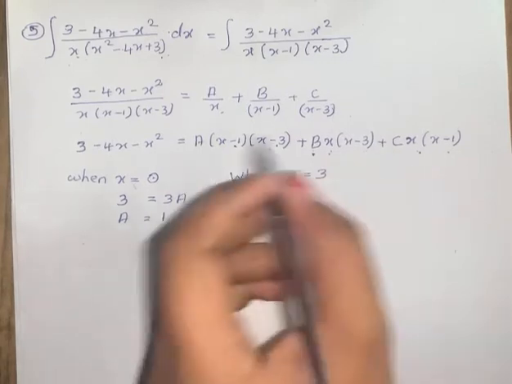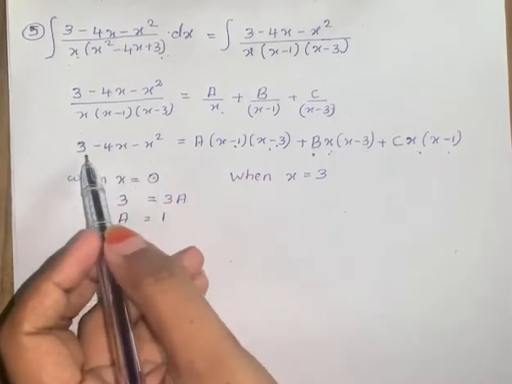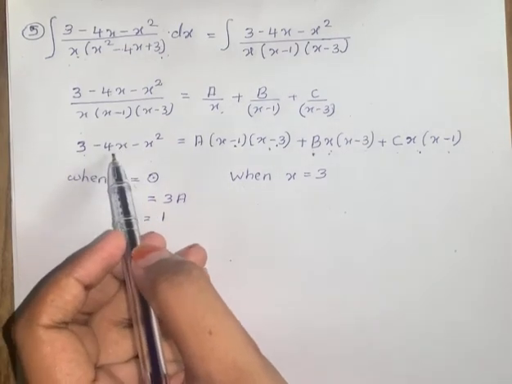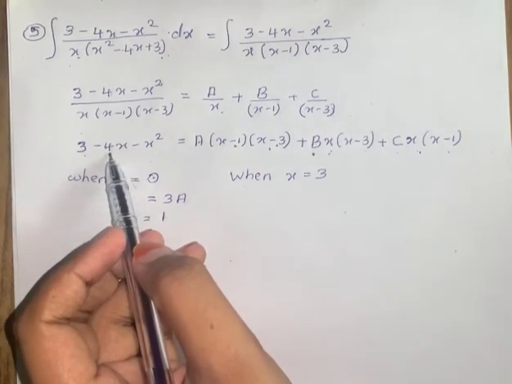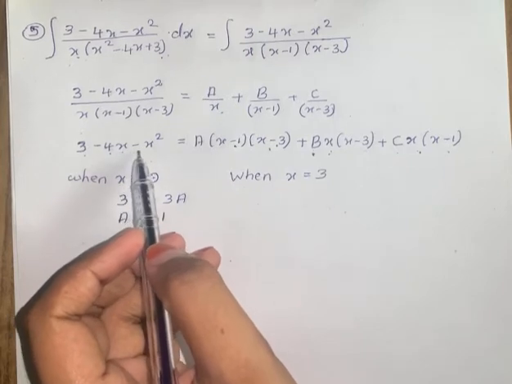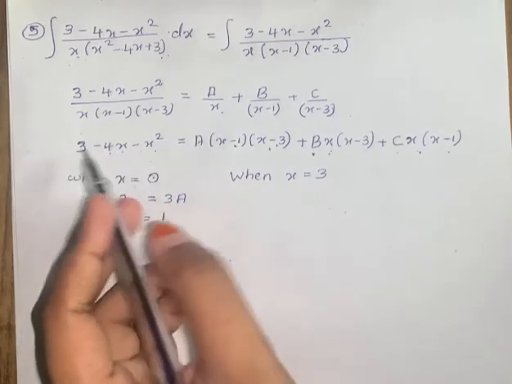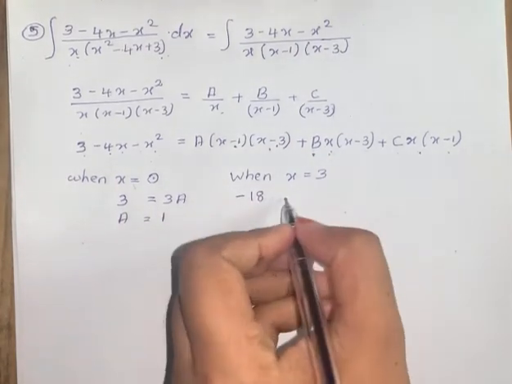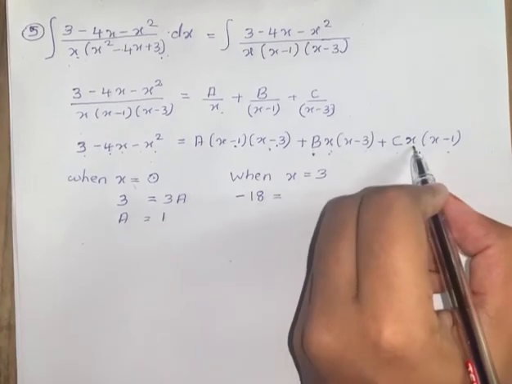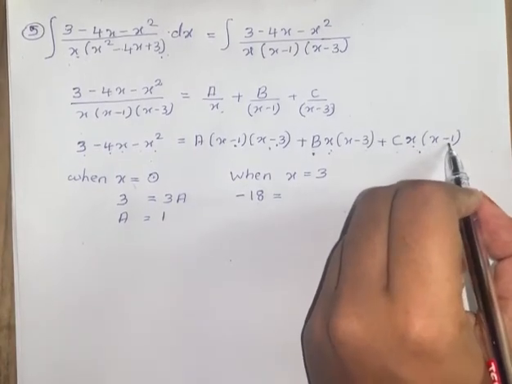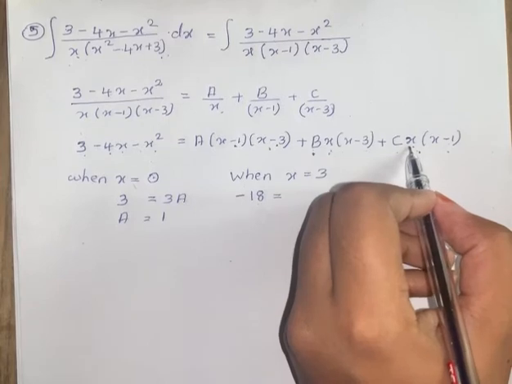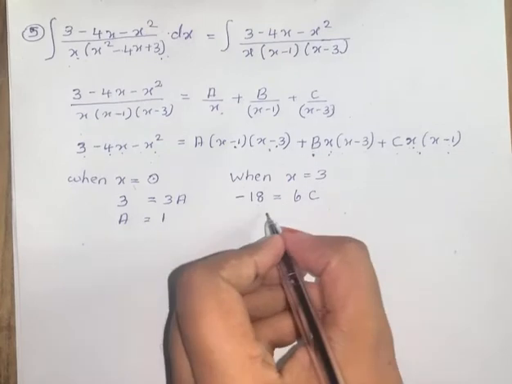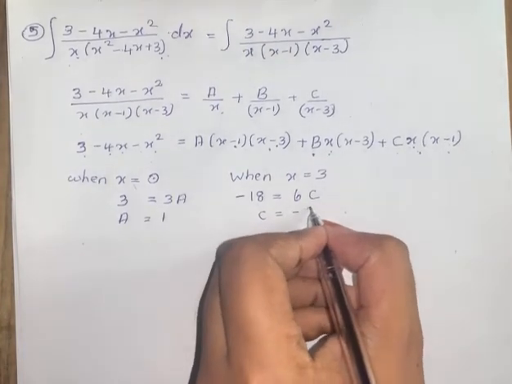So we will get the answer for C. If we substitute 3 there, we will get 3 into minus 9, 3 into minus 12 and minus 9, equal to minus 18. That is equal to 6 into C, because x is 3 and x minus 1 is 2, so 2 into 3 is 6 into C. So C is equal to minus 3.